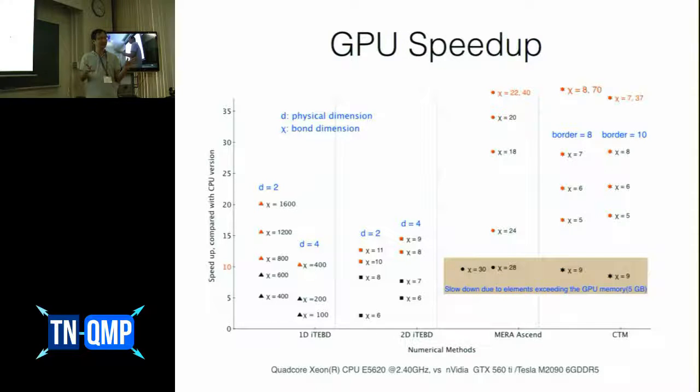We just used cuBLAS and didn't do a very nice optimization. So I think we can get a 30 to 40 times speedup per socket, depending on the type of problem. I think for MERA we get the biggest speedup, because there's a lot of contraction.